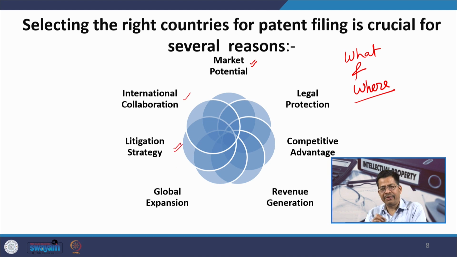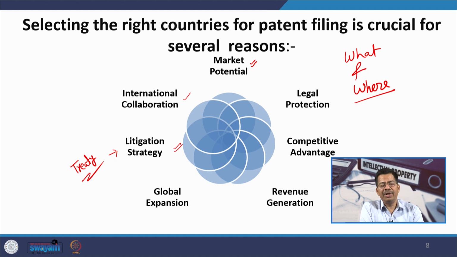Now, if I talk in terms of India, we have a large number of bilateral treaties with different countries, and with those bilateral treaties litigation strategy in different countries may change.